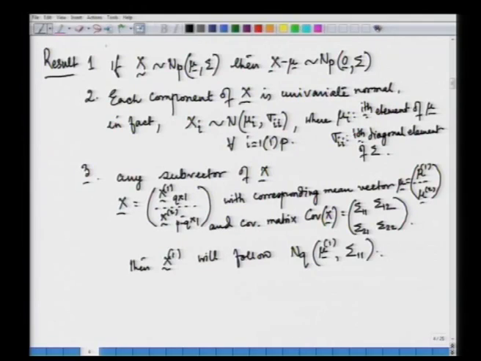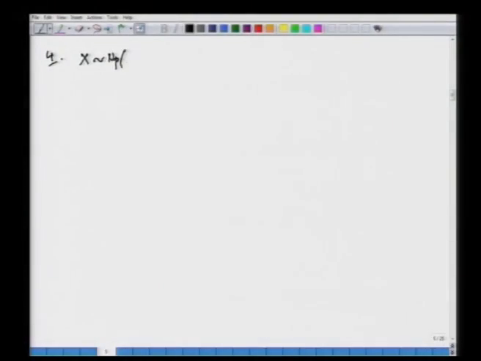Now, all these results that we have stated till now can be summed up in a general result, and we are now going to state that. This says that if x follows a p-variate multivariate normal distribution with mean vector mu and covariance sigma, and we consider any rectangular q by p matrix A of constants, then Ax is going to follow a q-variate multivariate normal distribution with mean A mu and covariance matrix A sigma A transpose.